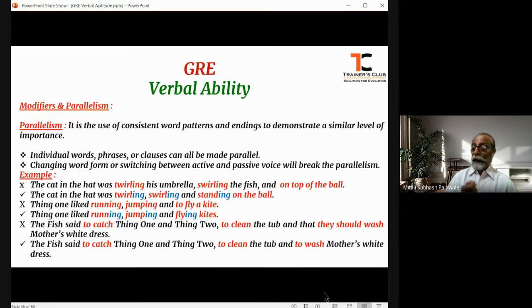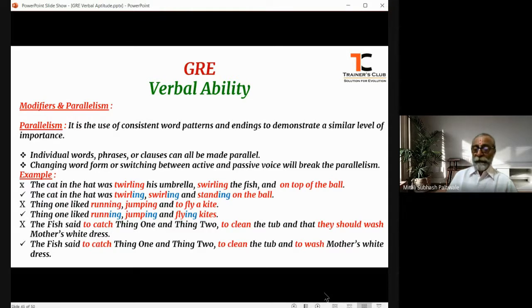If it is a noun or an adjective, it can change from the noun form to some other form, say an abstract noun form, or a verb to an adverb form, or an adjective to an adverb form. Changing between the active and the passive voice will also break the parallelism.